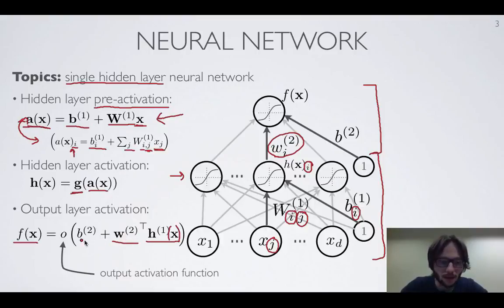So we compute that, then we add the bias of the output unit, and then we will also have an activation function, and I'm going to note it O for output activation function. And this is because we will typically make different choices for the output activation function than for the hidden units in the neural network.